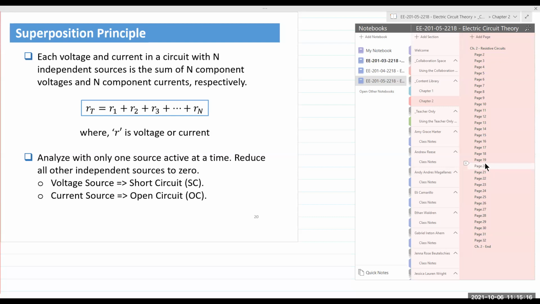Let me explain using an example. Let's say you have a circuit with 10 resistors and 2 voltage sources: V1, V2, and 10 resistors in the middle. You need to find the voltage across R5, let's say. Then you analyze the circuit with only V1 active. V2 is 0.